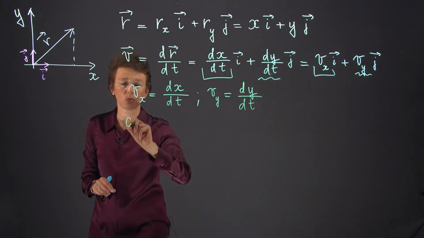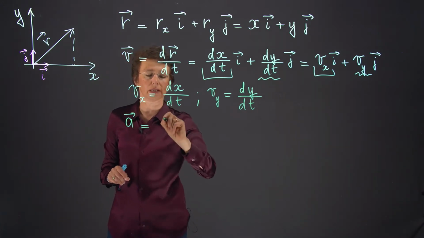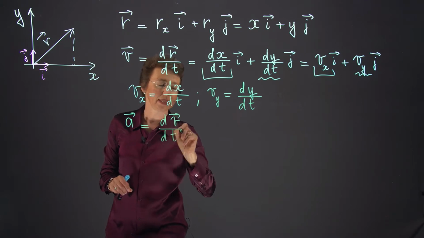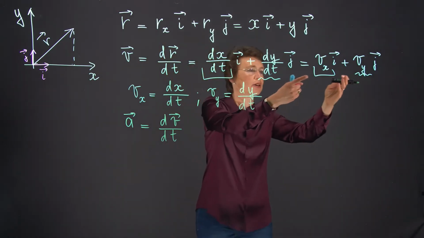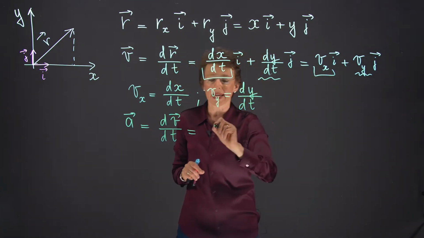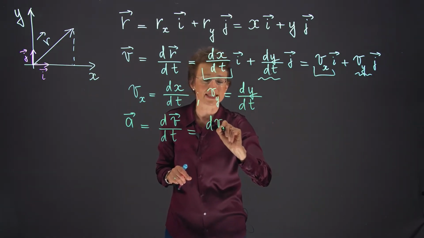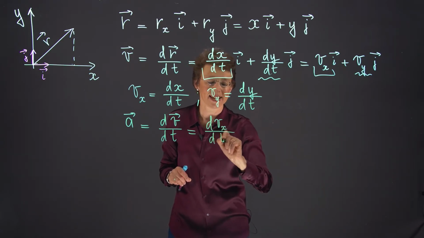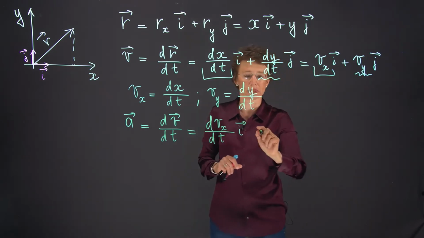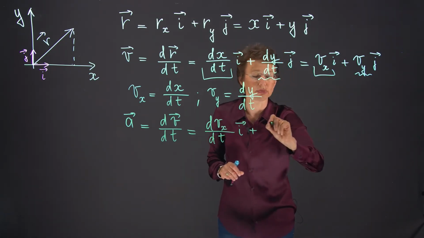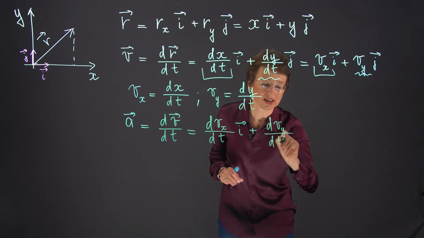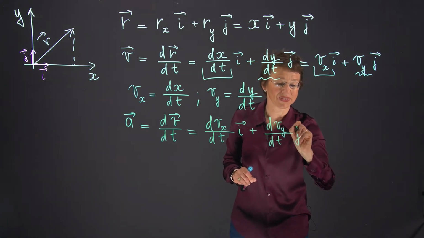Here's the velocity. What is acceleration? By definition, acceleration is the derivative of velocity, dv/dt. Now we need to differentiate the expression for velocity. I take the derivative of the first term, and I get dv_x/dt times i, and the derivative of i will give me 0, plus dv_y/dt times j.